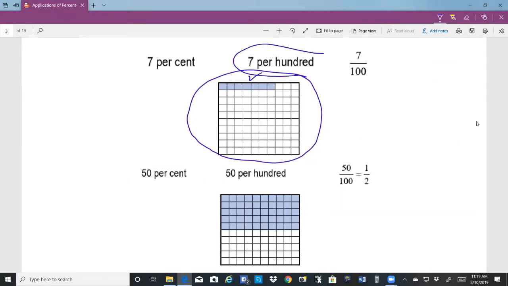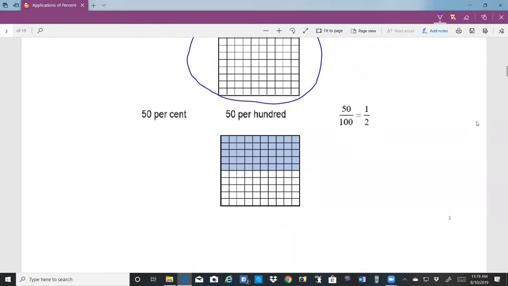That's 7 per 100, or in a fractional expression, it's 7 over 100. If you had 50%, then you would color in 50 of the sub-boxes, 50 per 100, and the fractional amount would be 50 over 100, equal to 1/2.